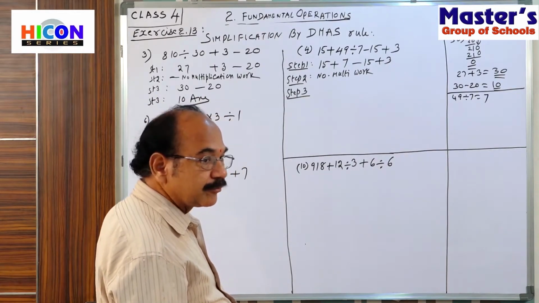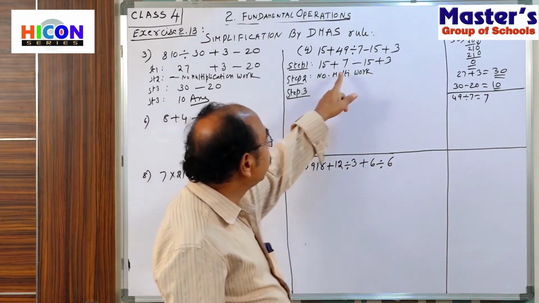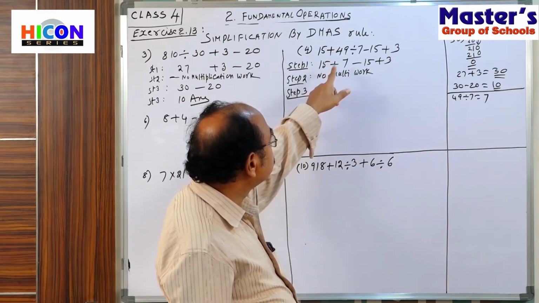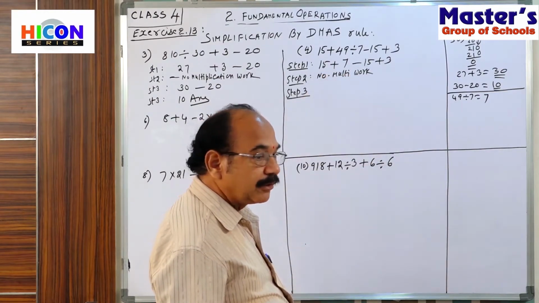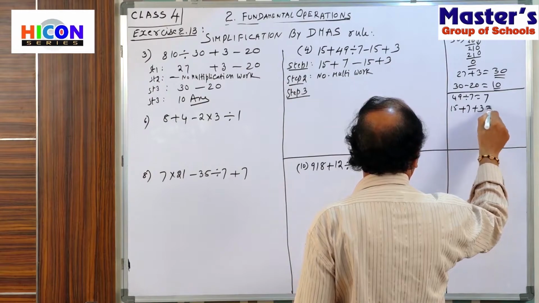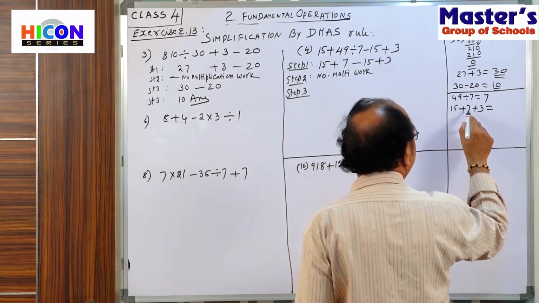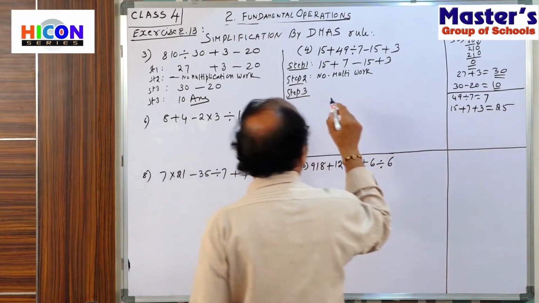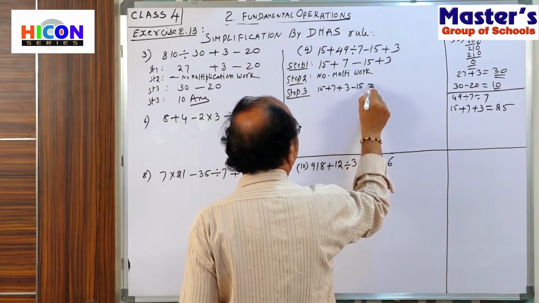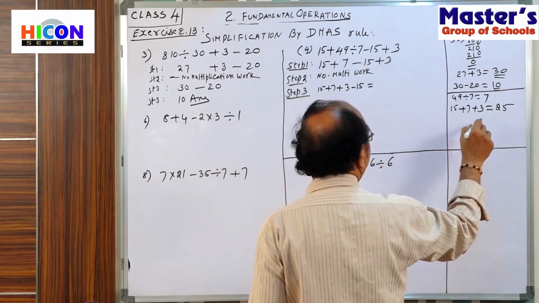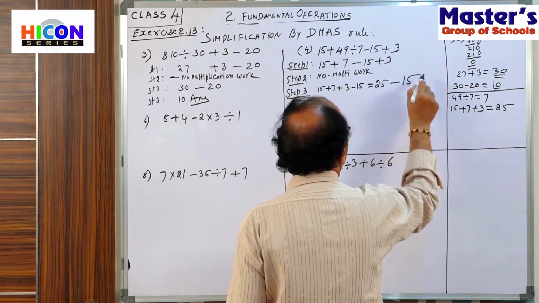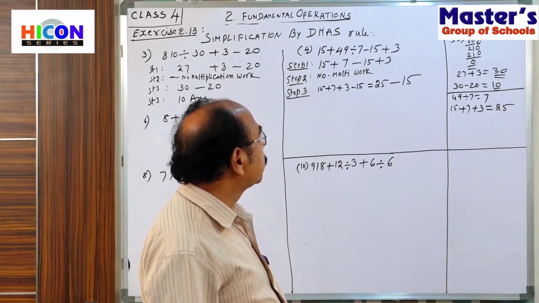Where is the addition here? 15, 7 and 3. The 3 numbers are under addition. Say, children, 15, 7, 3. How much? 15 plus 7 is 22, 22 plus 3 is 25. So here you write 15 plus 7 plus 3 equals 25, minus 15. So step 3 is over.